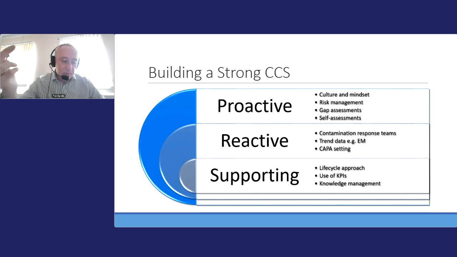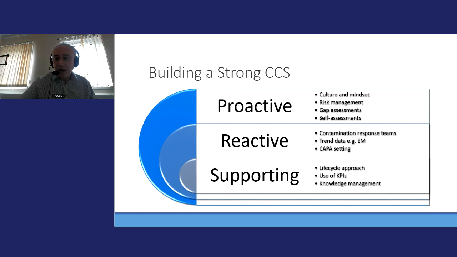So we are sometimes going to get contamination. Here we want to have good root cause analysis and effective CAPA setting, but what we want to do is learn from those. We want to look and trend our common deficiencies, our commonly set CAPAs, and then build those back into the contamination control strategy.